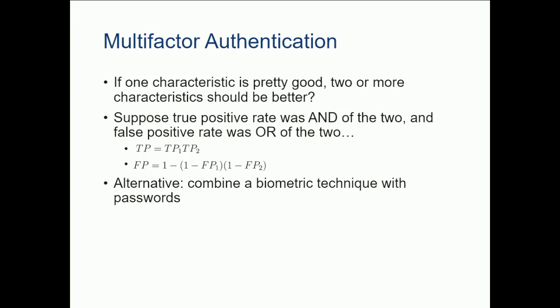Very easy to understand. Another important metric is called the false positive rate. What does false positive mean? It means that an illegitimate user somehow succeeds in authentication. So ideally we want the false positive rate to be zero.